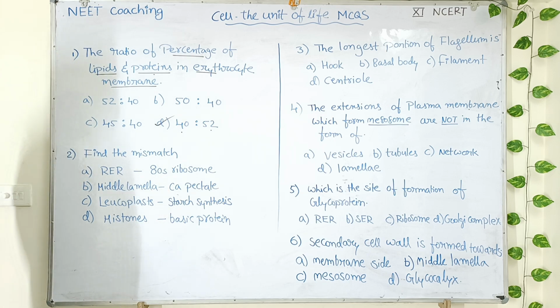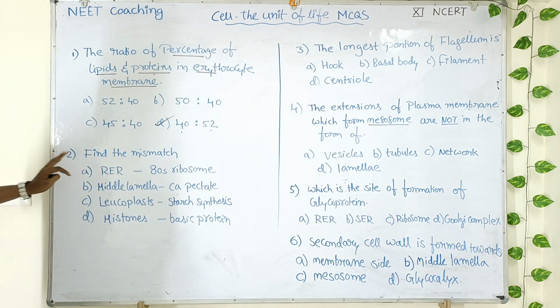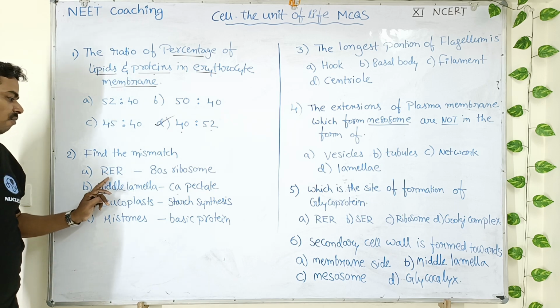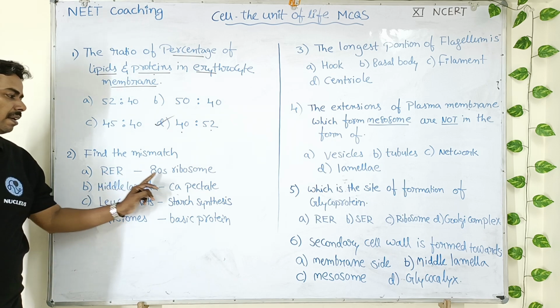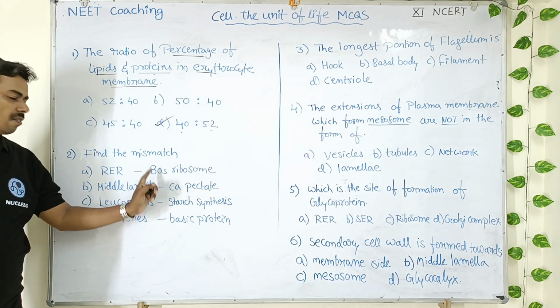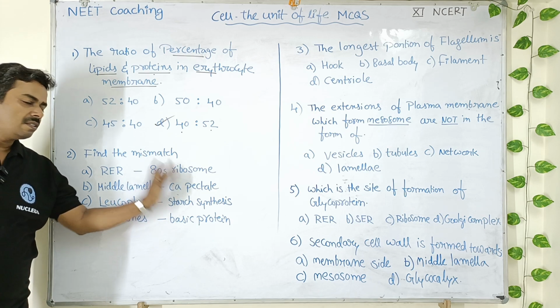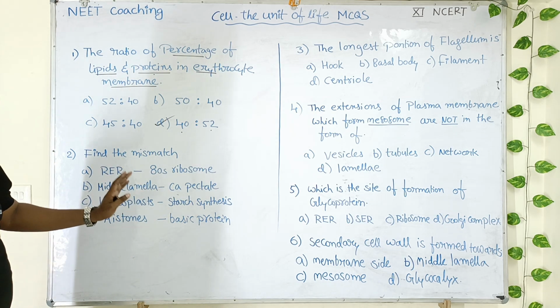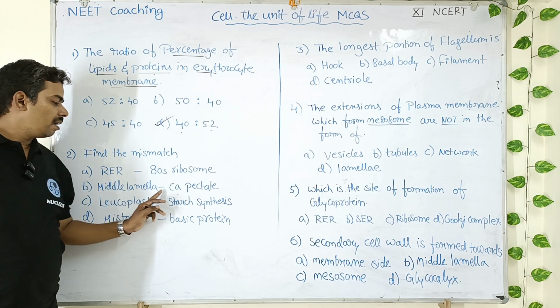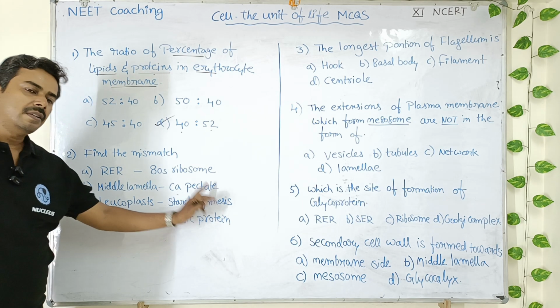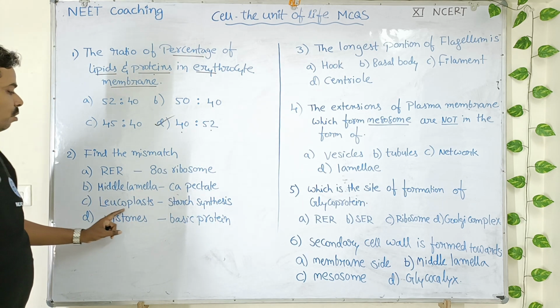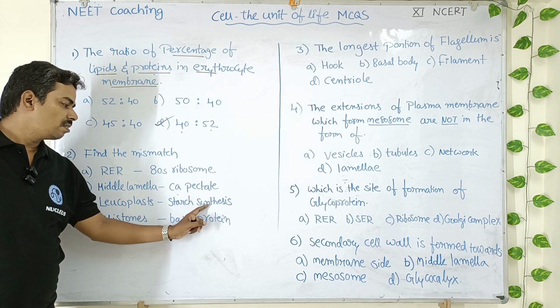Okay. Next, let us go for the second question. Find the mismatch. Four options are given. Rough endoplasmic reticulum has ribosomes. This is a correct match. Middle lamella contains calcium pectate. This is also a correct match. Leucoplast, starch synthesis.